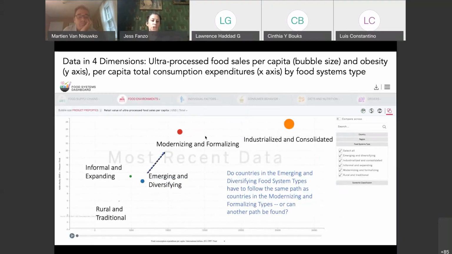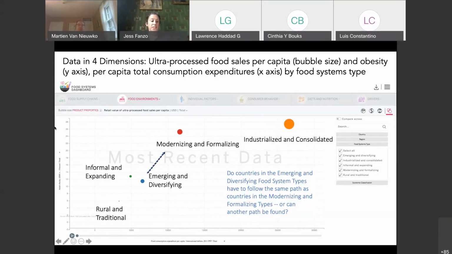This is showing you retail value of ultra-processed foods per capita. Ultra-processed foods are considered unhealthy foods. There's a high demand for these foods because they're convenient, tasty, and cheap. And of course, in high-income countries, particularly in the United States, it makes up a good portion of the diet.